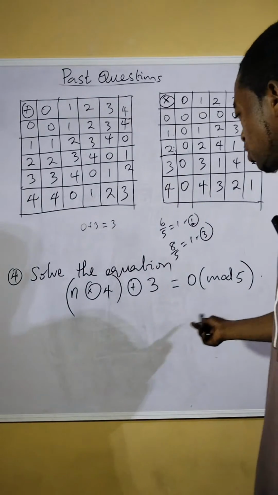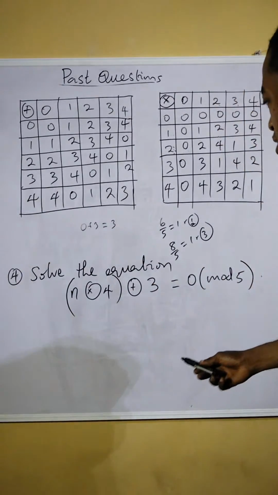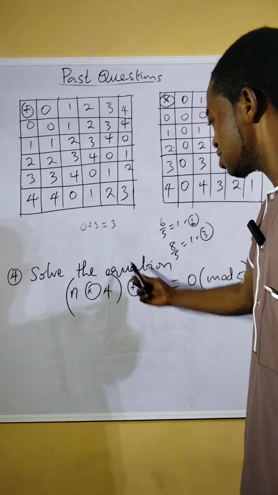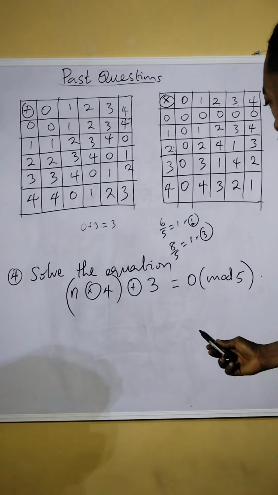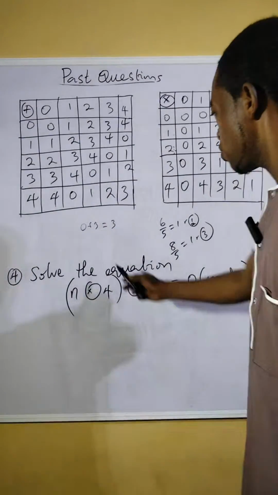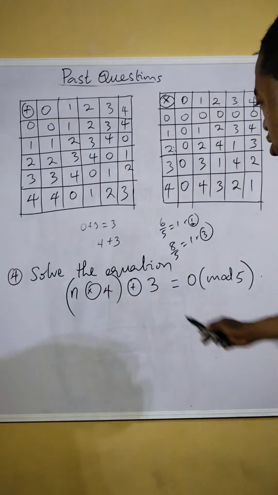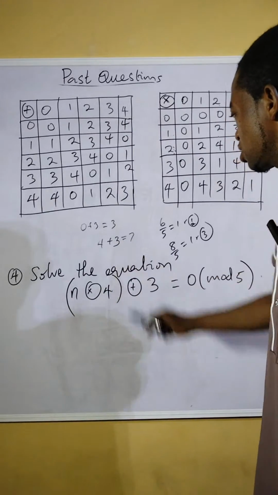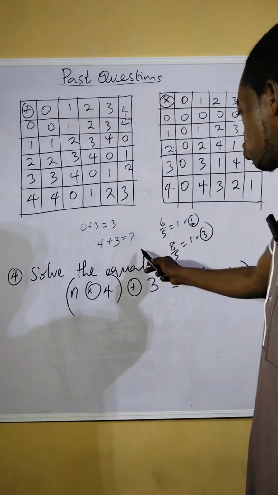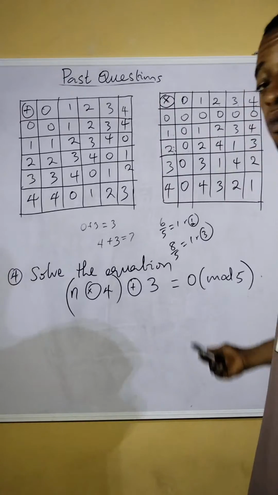So it's still 3 in mod 5. When we put 1, 1 times 4 is still 4 in mod 5. And 4 plus 3 is 7, and that will be 2 mod 5.